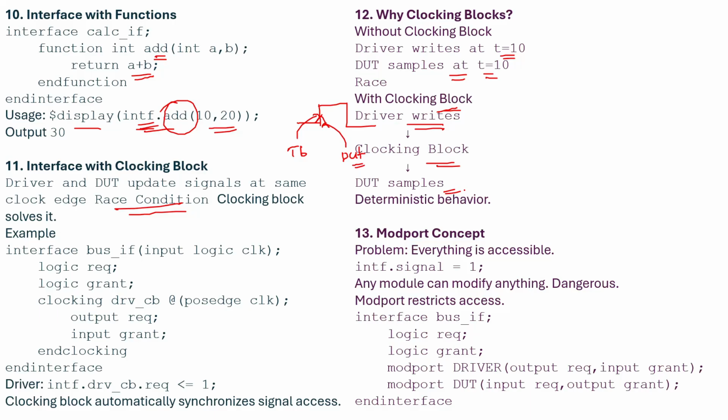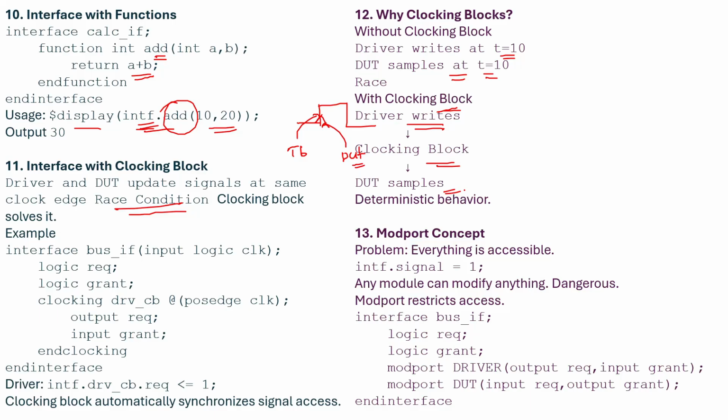Modports means the names we are representing. Modport means module ports. In module ports, which one is the input and which one is the output, we are differentiating the direction. TB is giving the inputs to the DUT.